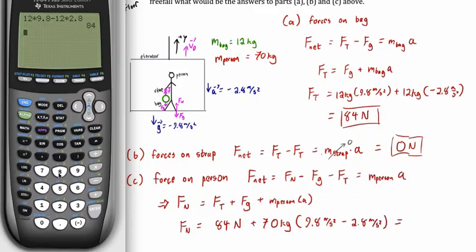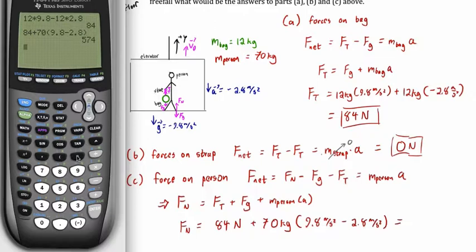Okay. So let's enter this in the calculator. We'll just take the value from above and subtract, or rather add. And then we're going to add the weight, or rather the mass, 70. And then 9.8 minus 2.8. All right.